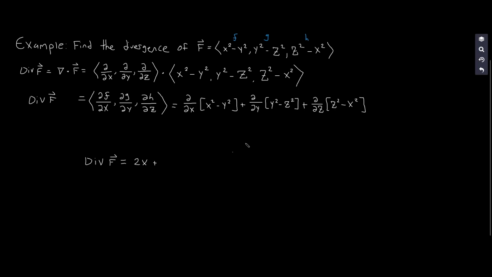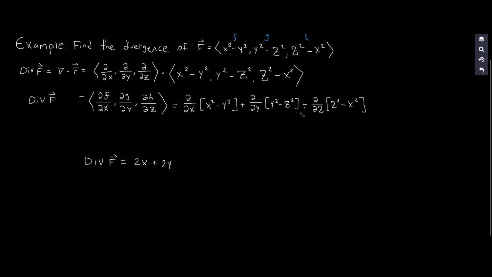We'll move on to the next term, the partial derivative of y squared minus z squared with respect to y. The derivative of y squared is 2y, and since it's with respect to y, z squared gets treated as a constant, so it's going to be 2y minus 0.